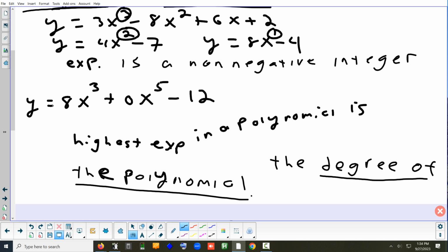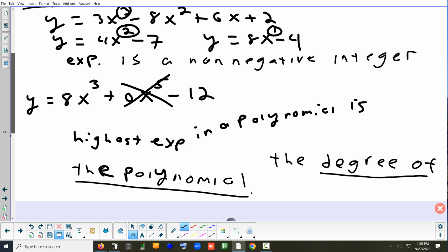You can't really say it's 5 because if you have 0 times something, you might as well just simplify that because 0 times anything just disappears. So the exponent of 5 isn't even really there. Okay. So as long as the coefficient in front of the variable is not a 0, get rid of those. Whatever's left, the highest exponent is the degree.